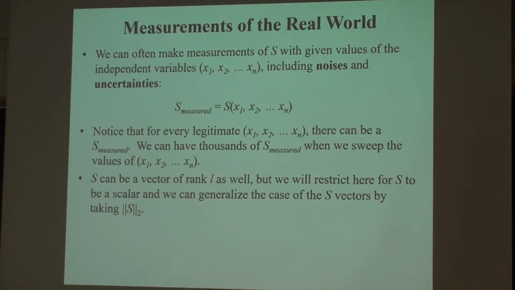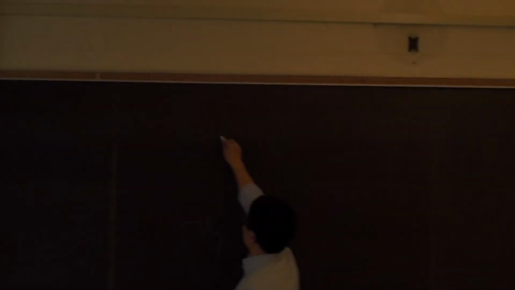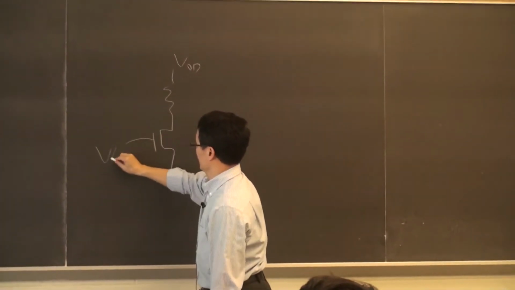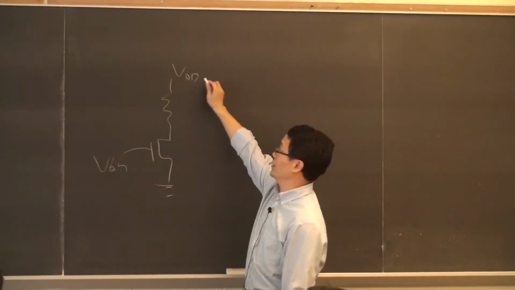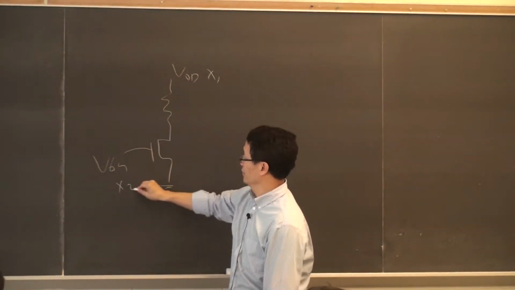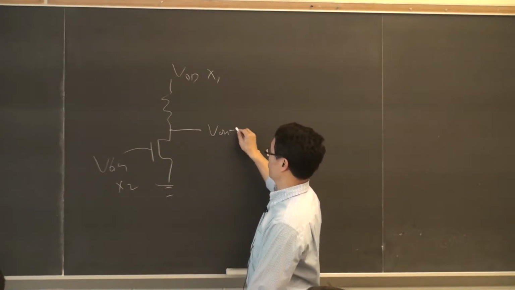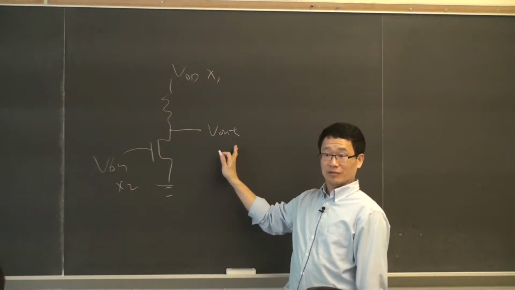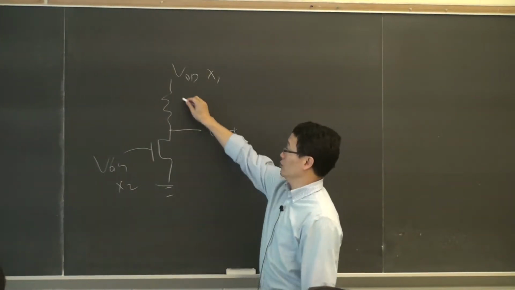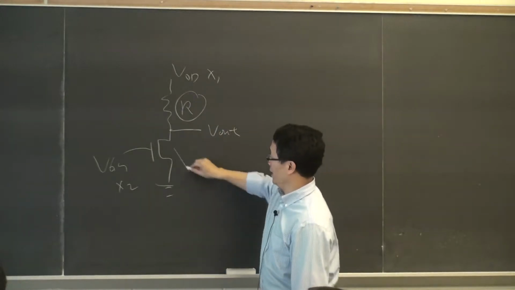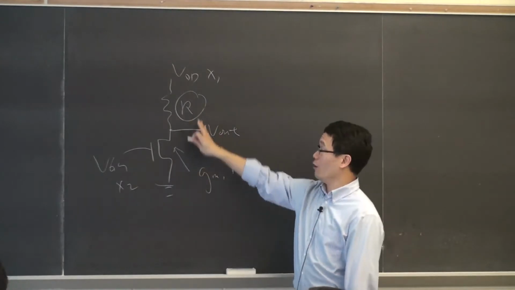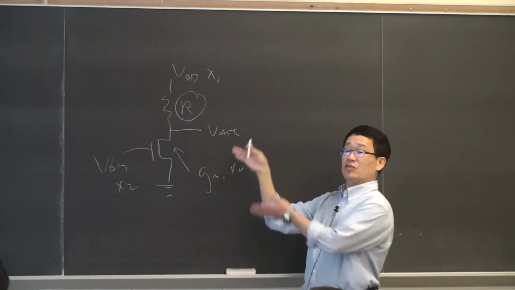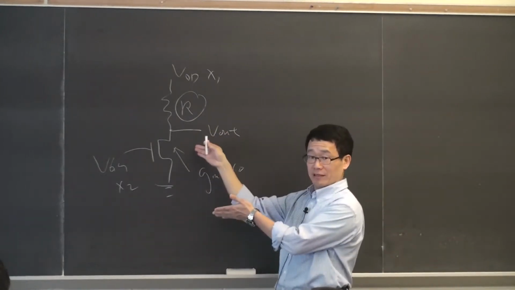Say you have something like this. If I give you this and this, these are the x1 and x2, then I can measure V out. But R and the gm and ro of these transistors are the parameters that describe this circuit.